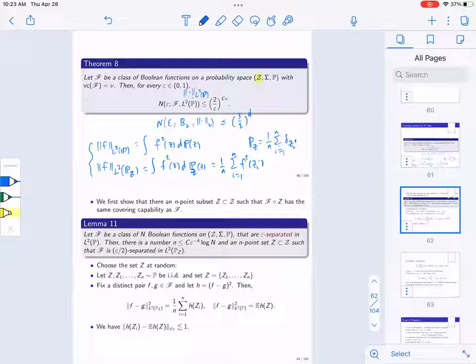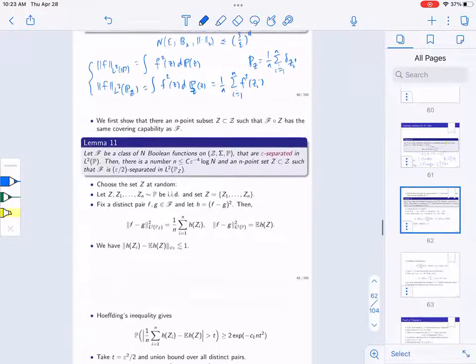So let's try to do that. This is from the HTF book. This is a very nice probabilistic argument.